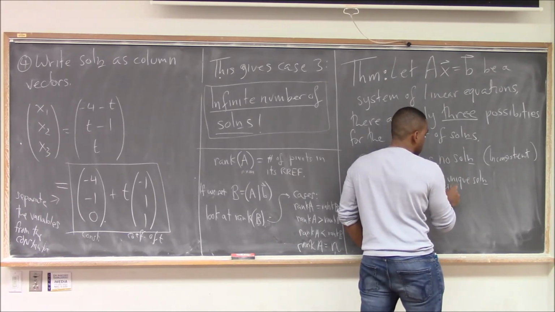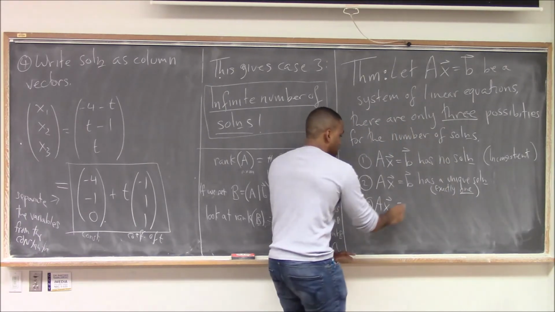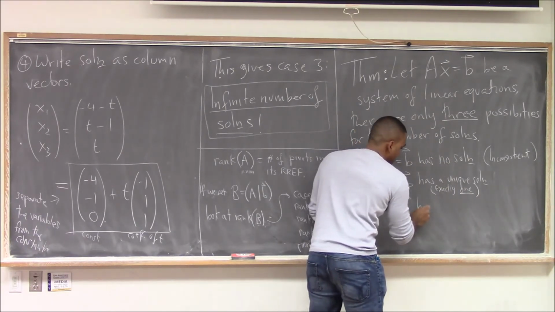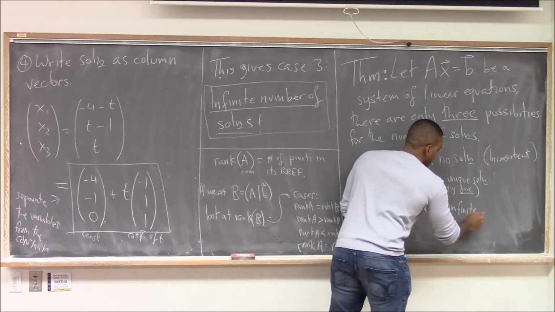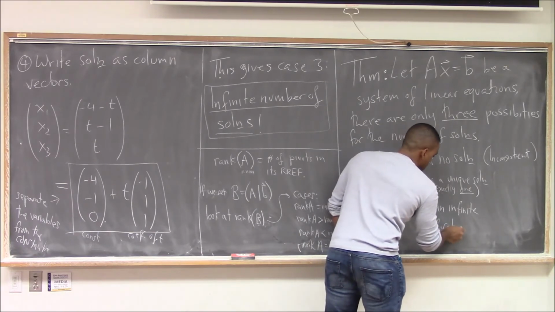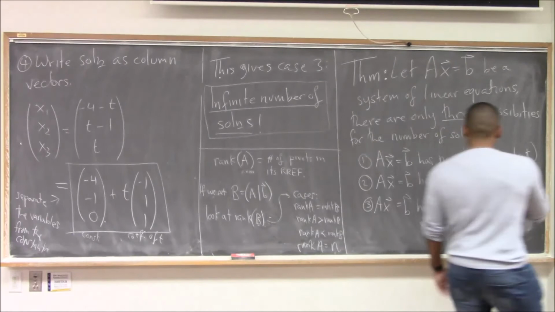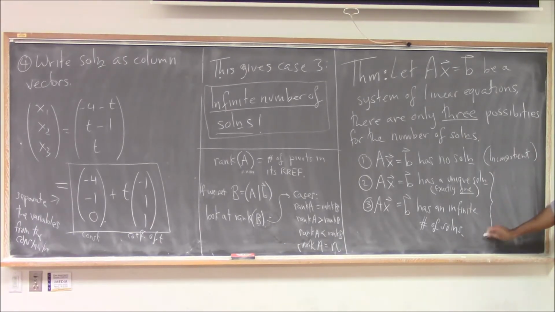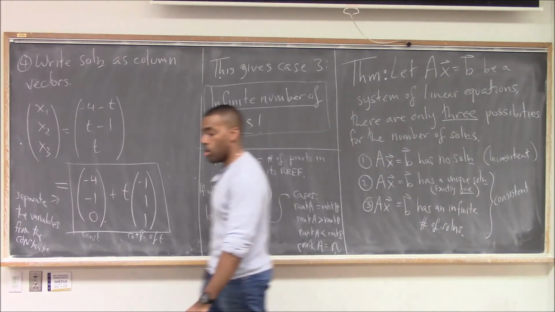There's exactly one vector that solves it. The third possibility is AX equals B has an infinite number of solutions. And there is no other possibility. These last two cases are called the consistent cases. The first case is called the inconsistent case, but these cover all cases.